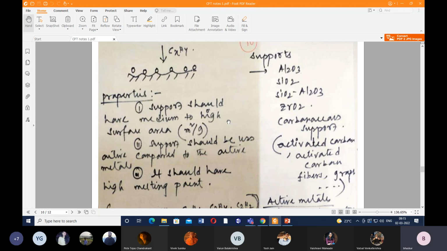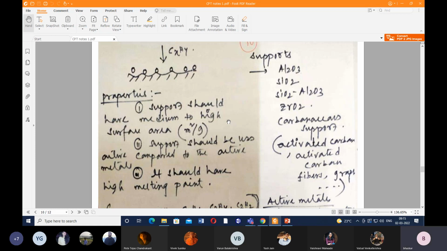But if we are using noble metal based catalysts, then we don't need much loading of the active metals. Suppose we are using a transition metal based catalyst with 15% loading of nickel. The 15% loading of nickel on silica support will give a certain performance, and the same performance will be given by 1% platinum on silica catalyst.